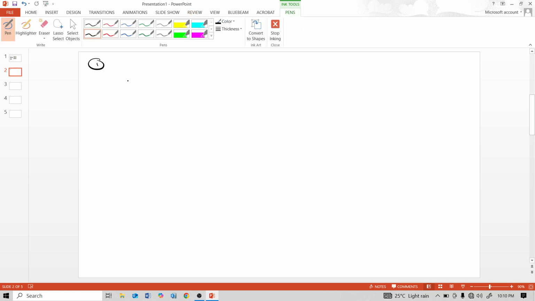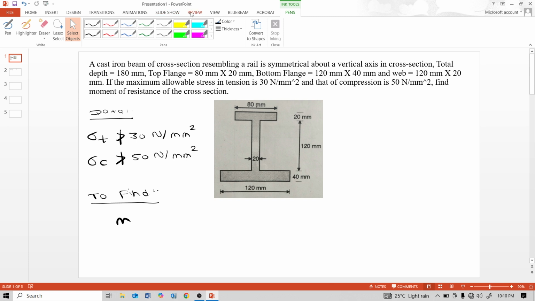Step 1. Position of neutral axis. Let us denote this bottom plane as 1, this web as 2, and the top plane as 3.